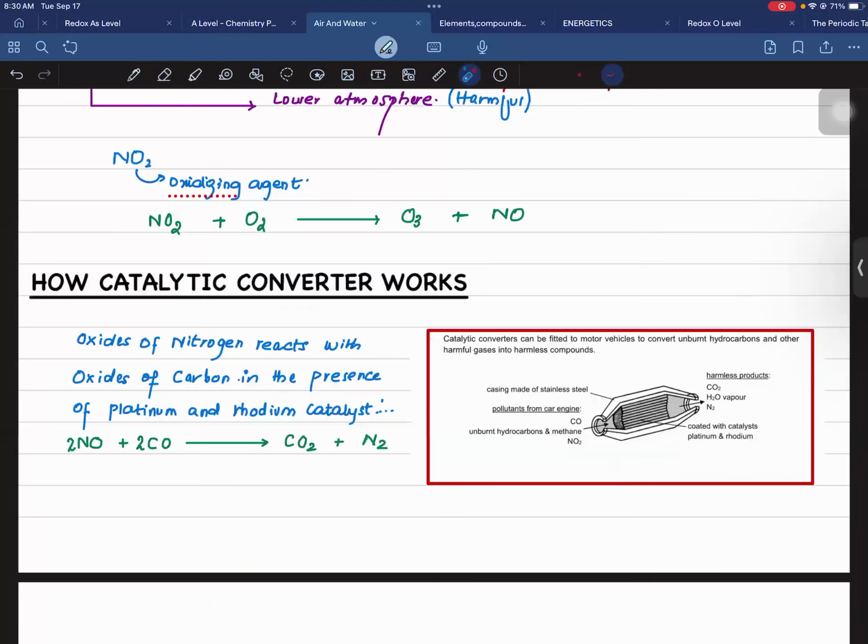I'm hiding this, and I'm going to ask Mohaimin, can you tell me how we can remove sulfur dioxide through flue gas desulfurization?